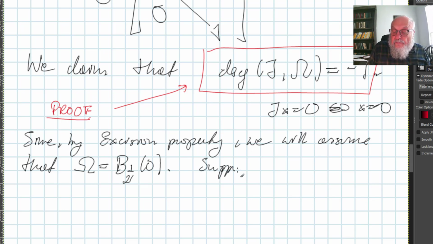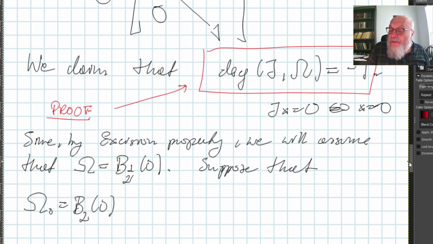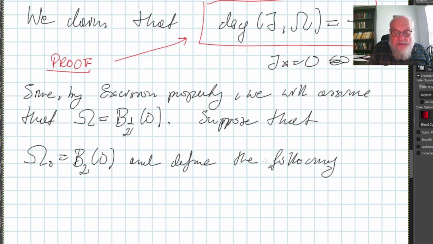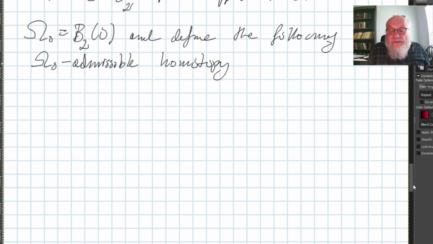Now, suppose that omega naught is equal to the ball of radius 2, and define the following omega naught admissible homotopy. In this case, this homotopy looks like that.